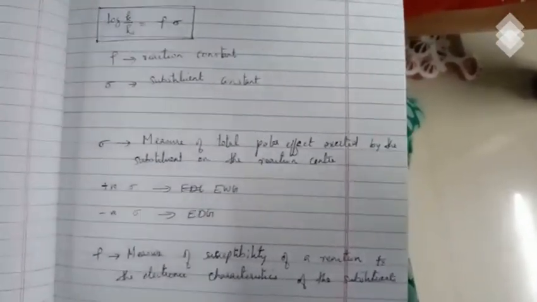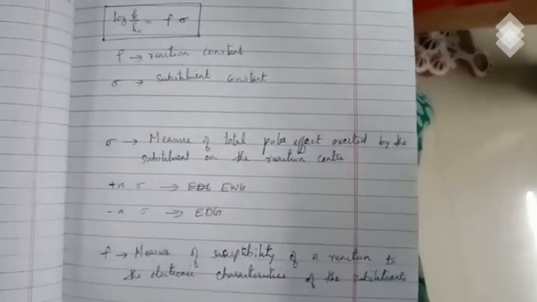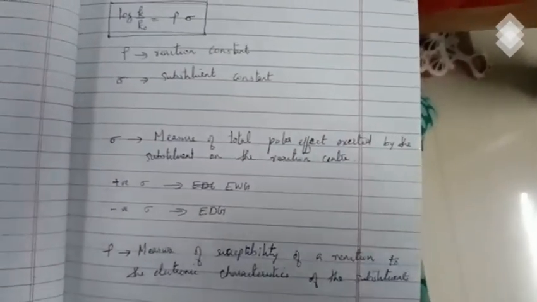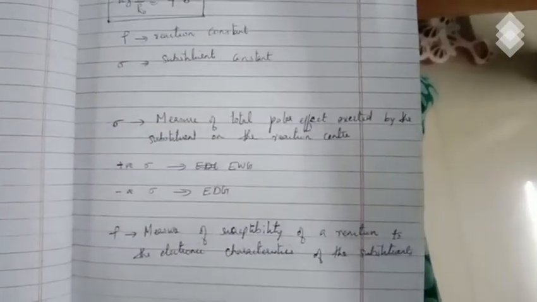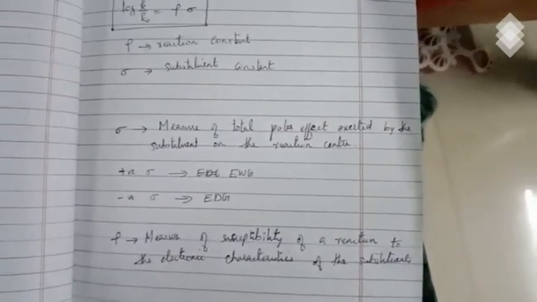We can say that it's a fraction of the sigma value that will affect K. So rho is the susceptibility of the reaction to the electronic characteristic. There will be an electronic characteristic for each substituent.